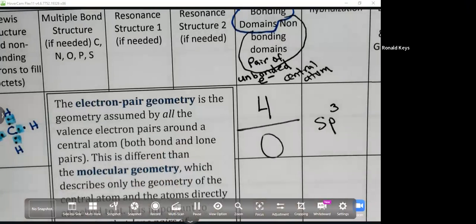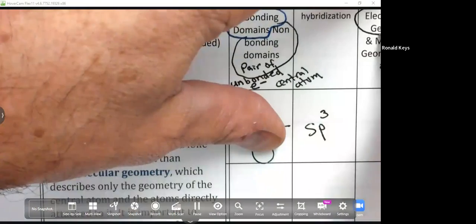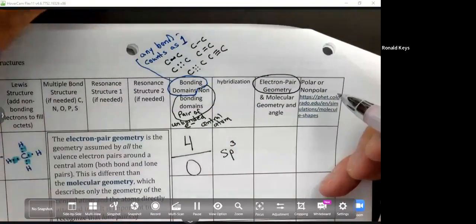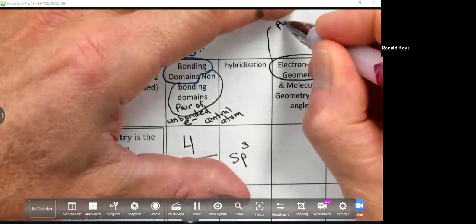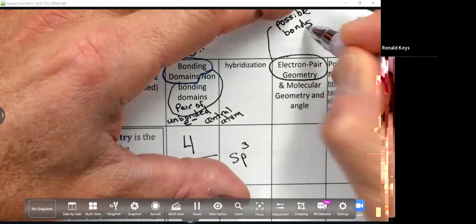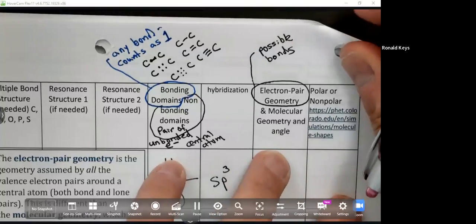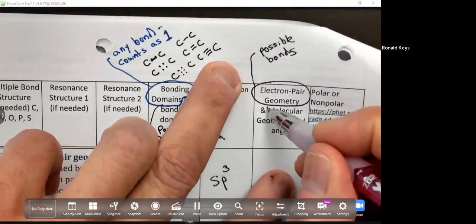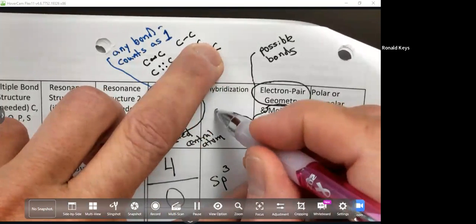My electron pair geometry, molecular geometry, and angle. Let's clarify that. My electron pair geometry is possible bonds. My molecular geometry is actual bonds.